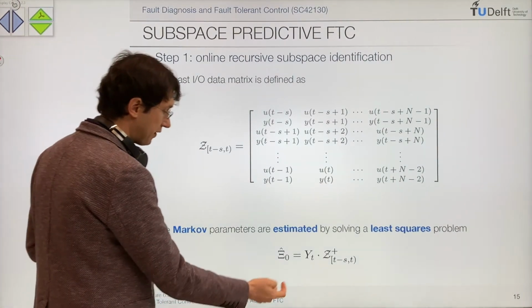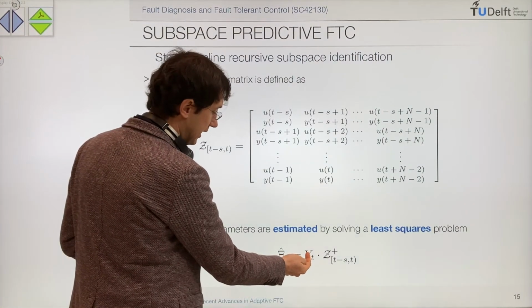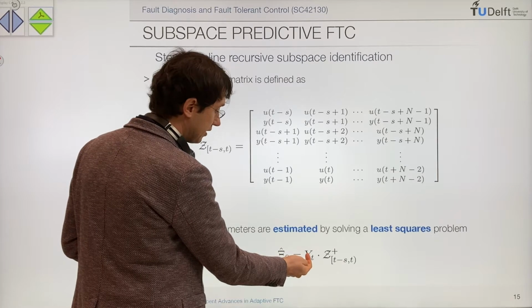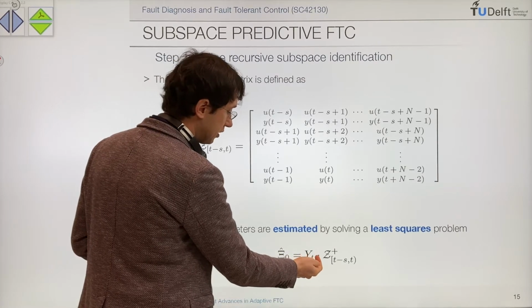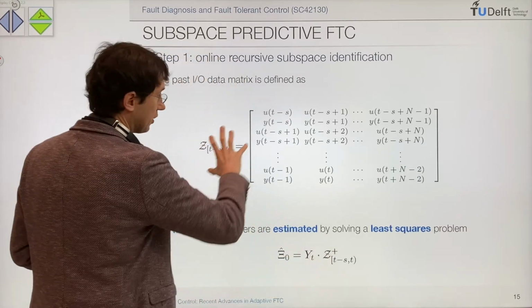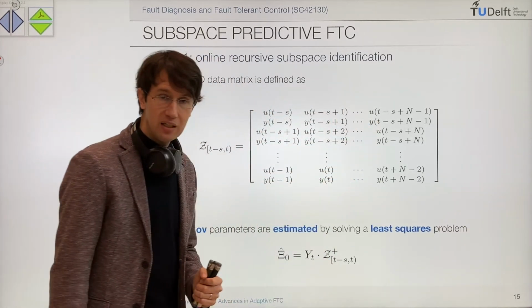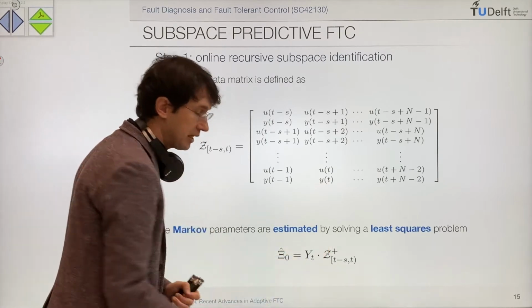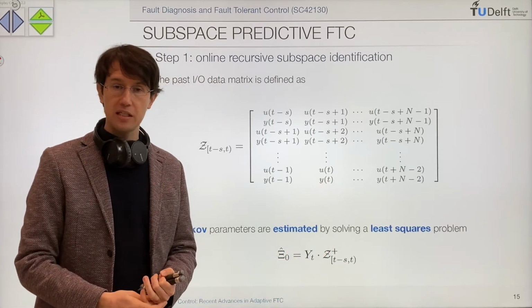What you have here is the data matrix Y transposed of the output data that multiplies the pseudo inverse of the data matrix Z, the one with all these other terms. So remember that this plus here means the pseudo inverse.